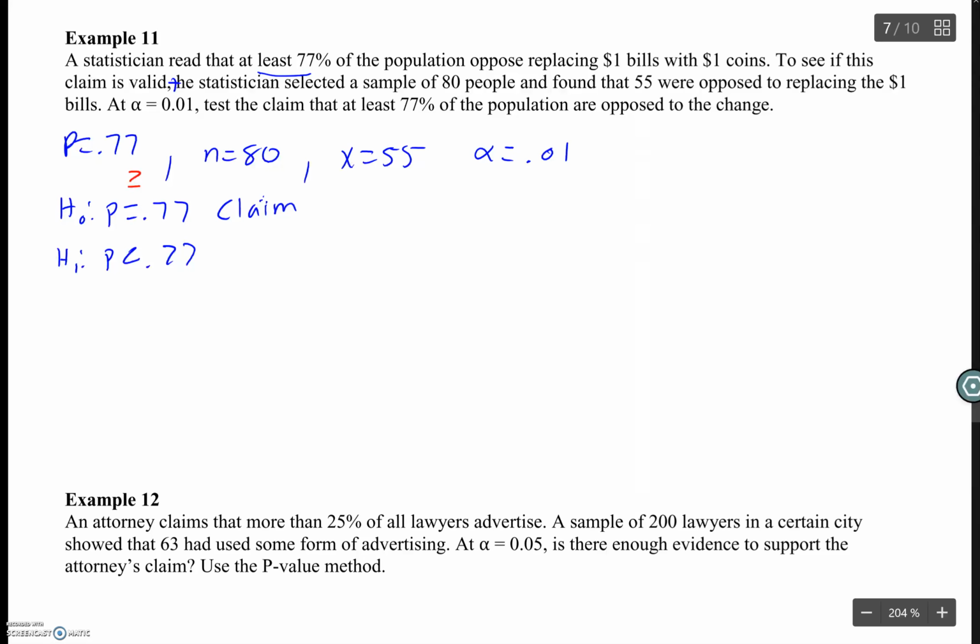And then I can run it like I run any other test. So I need to find my test statistic. I still only have one sample, so I can use a one prop z-test, or I can use my formulas. And I want to find my z-value and a p-value. So let's see what we're going to get.